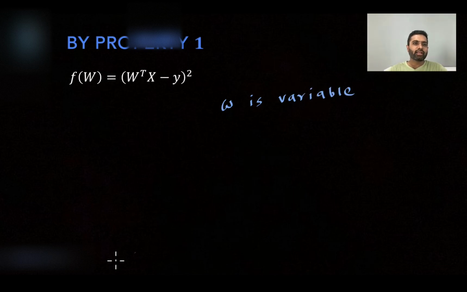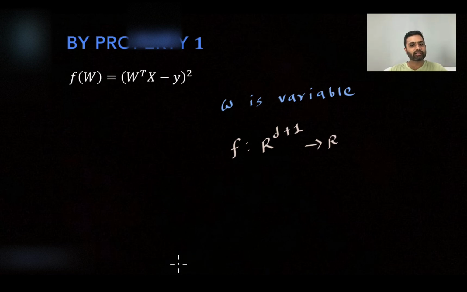And what is the domain of this function? Again, it is R to the d plus 1, because w is a column vector of d plus 1 dimension, and the final output is in R. So it is an error term, and the codomain is R.